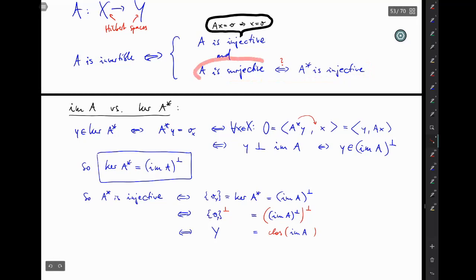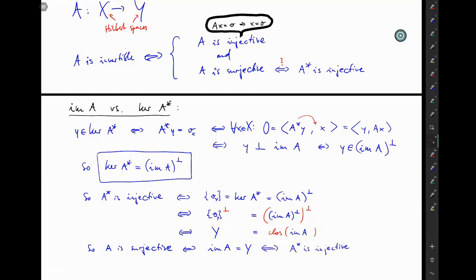So our A is surjective, by definition, if and only if its image is the whole space Y. But this is almost what we have here. So let me copy this in here, but just as injectivity of A star, because that's what it is.